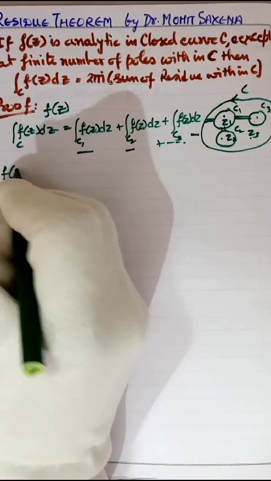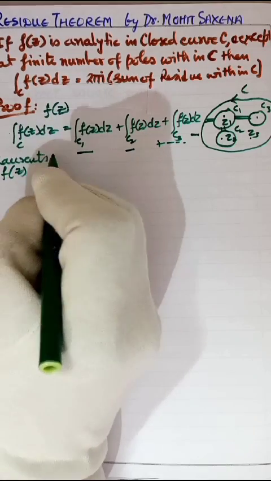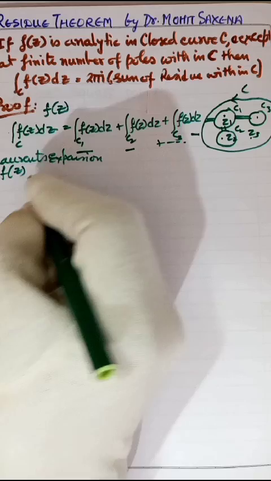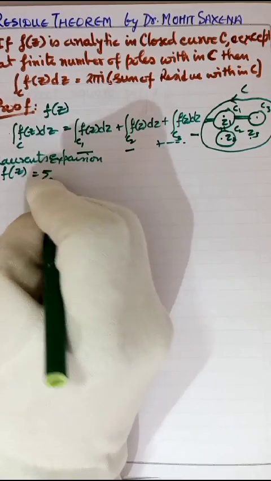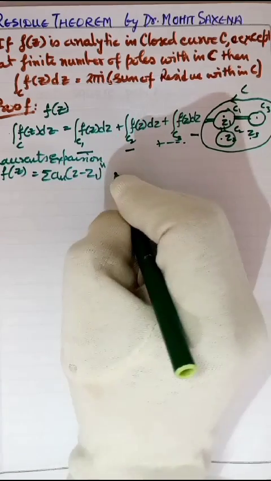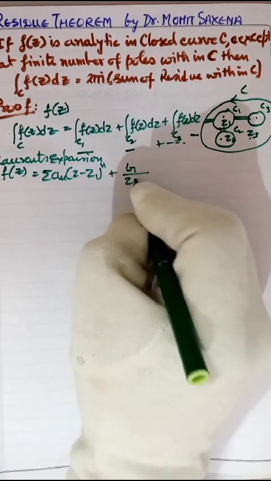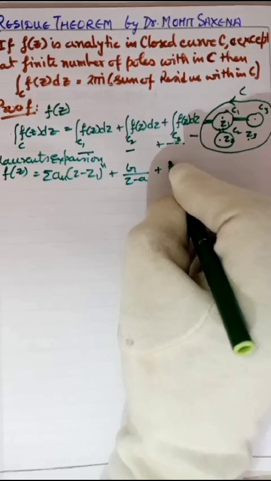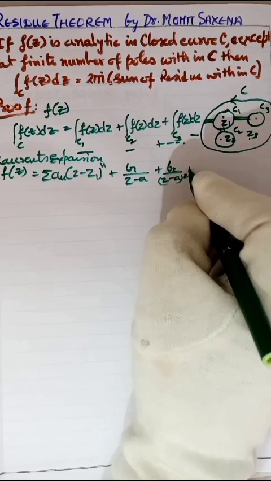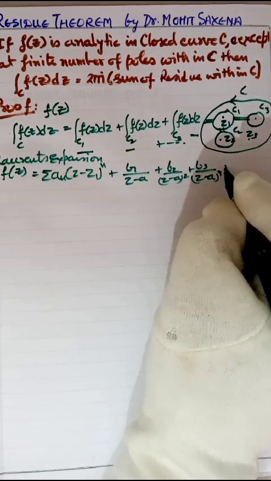Now the Laurent expansion of f(z) is equal to the sum of a_n (z minus z1) to the power n, plus the principal part, which must be there: b1 over (z minus a) plus b2 over (z minus a) squared plus b3 over (z minus a) cubed and so on.